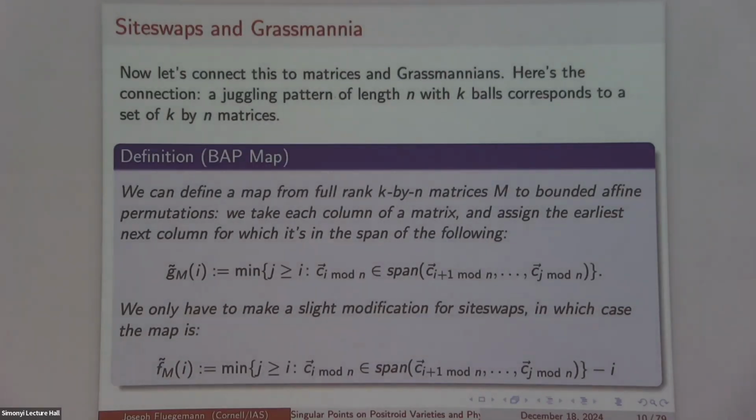The Bruhat order is the same as the Bruhat order for Sn. Yes, until the affine. Sure, I guess it's circular, but it's the same idea. Bounded affine permutations correspond bijectively to elements of Sn, isn't it? No, it's more.